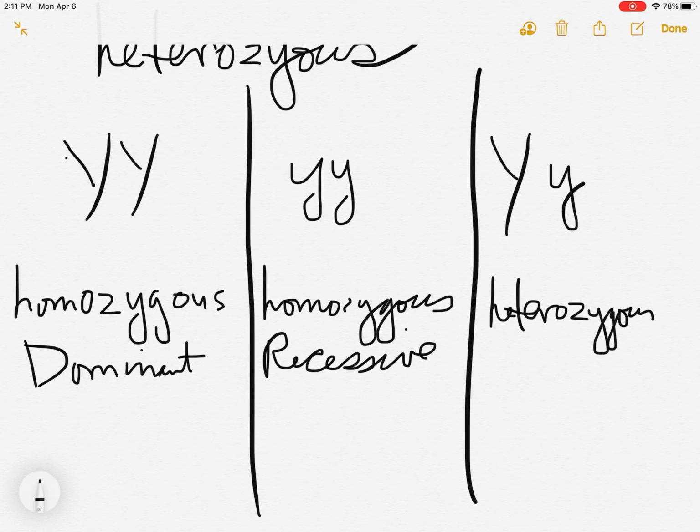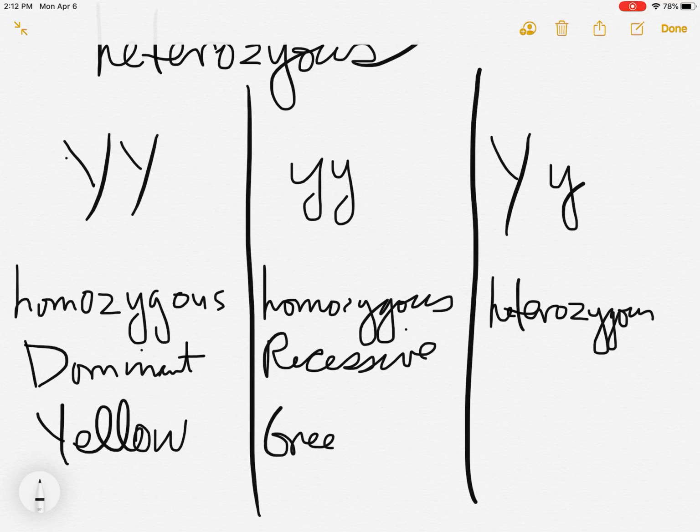Well, obviously, the first one has only alleles for yellow, so it's going to look yellow. The other one has only alleles for green, so it's going to look green. Now, you might think that this one is going to look sort of yellowish green, but that's not the case, at least not in all genes.